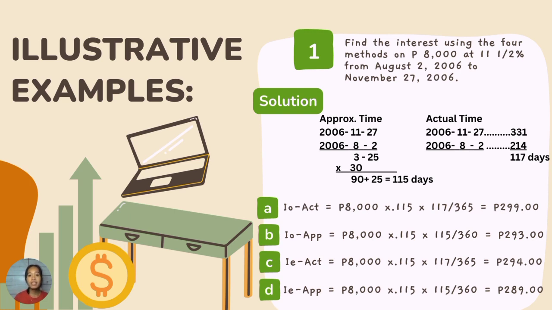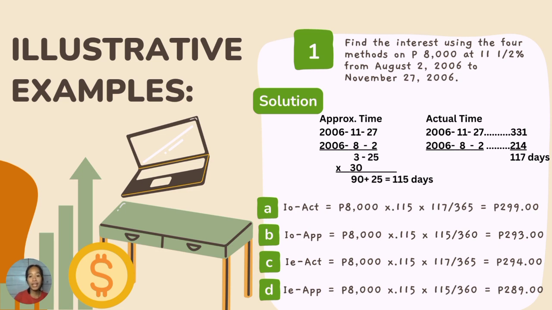So, we will have November 27, 2006 here and August 2, 2006. We subtract: 27 minus 2 is 25, 11 minus 8 is 3, and 2006 minus 2006 is 0.